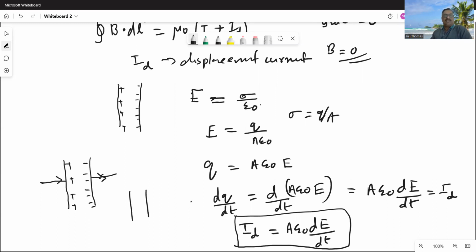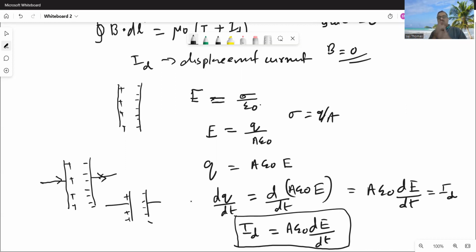But if the capacitor is connected to alternating current, the charge is varying continuously. So between the plates, there will be a varying electric field. That is why there is a continuous current in the circuit. So a capacitor conducts alternating current. This is the reason, and I hope you understood why a capacitor blocks DC. When the capacitor is connected to a direct current, initially the current increases from 0 to maximum, then it will not change.